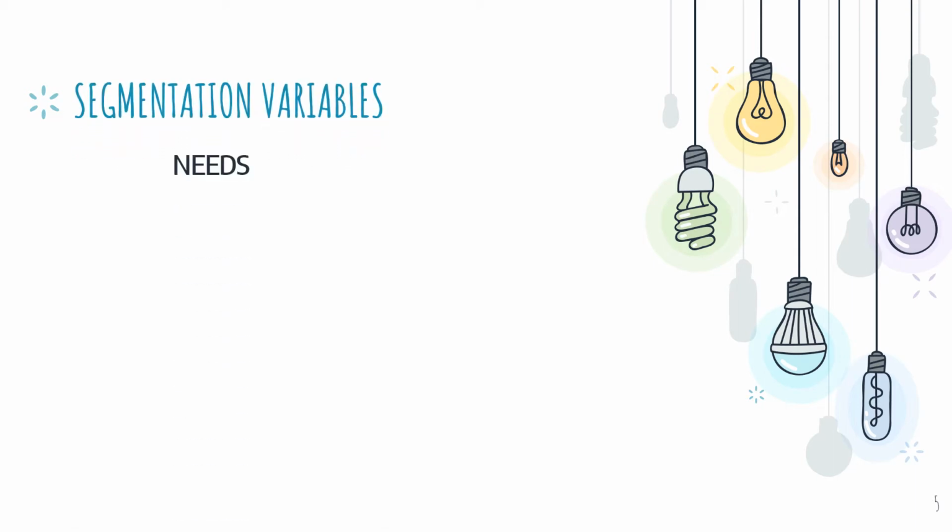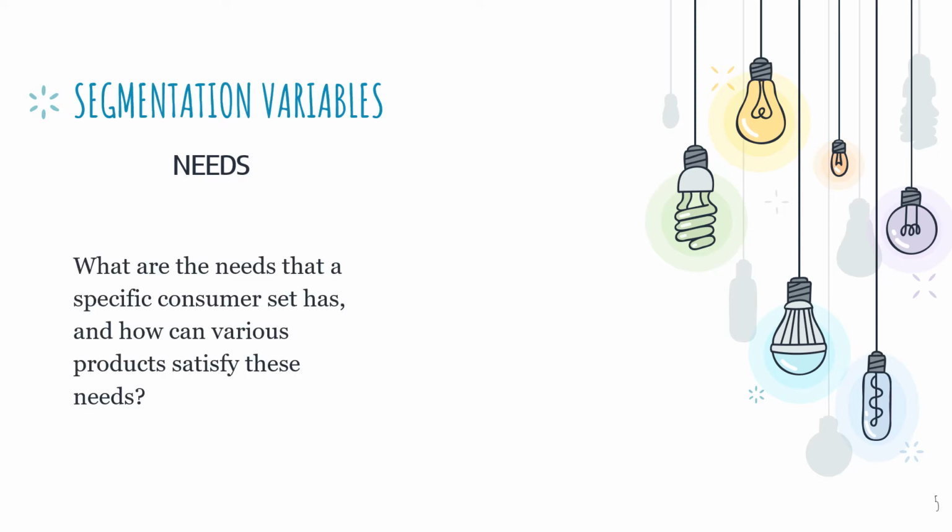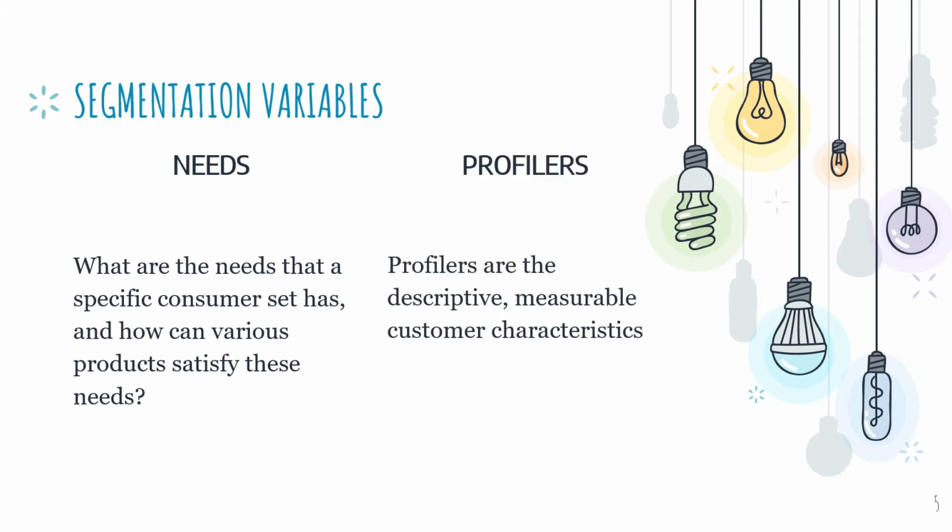Now let's look at the two types of segmentation variables. These are the first one, needs. What are the needs that a specific consumer set has, and how can various products satisfy this need? Next, profilers.